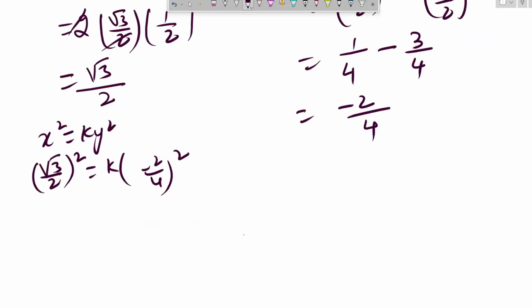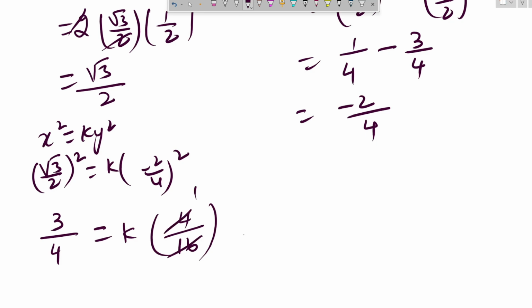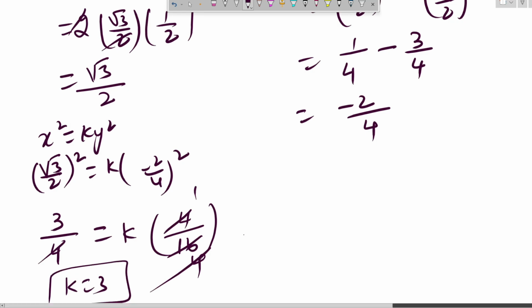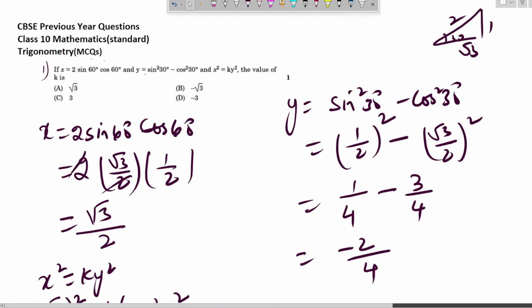Solving this, it will be equal to 3 by 4 equal to k times 4 by 16. Now 4 ones are 4, 4 fours are 16. That is how you got k is equal to 3. So my option k is equal to 3 is correct.